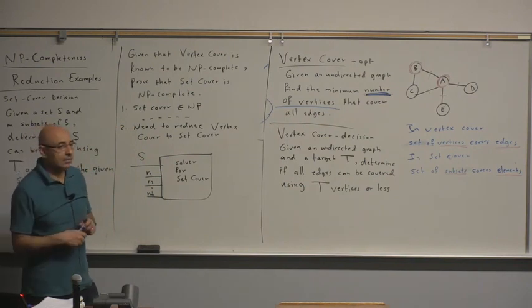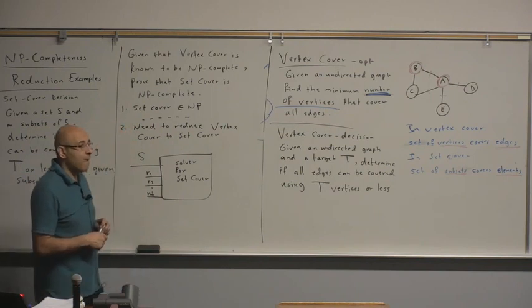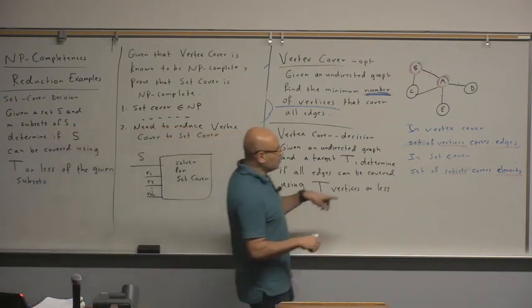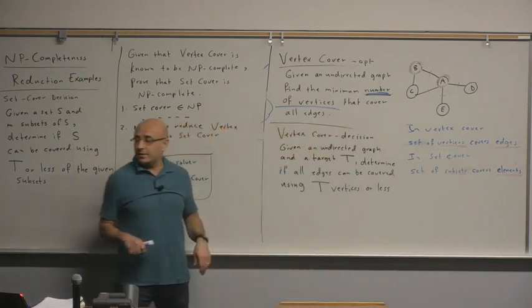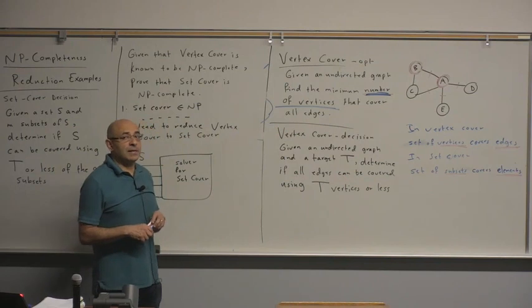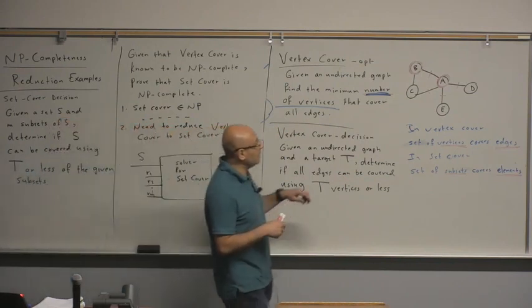We pass the vertices as the set... well, what is to be covered is the set of elements, so we're trying to cover the elements. We pass the edges as the... Yeah, it looks like we're running out of time anyway.